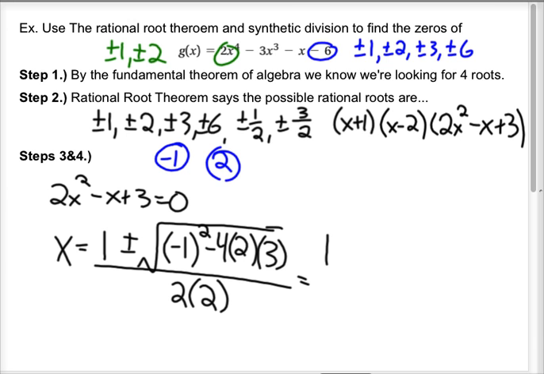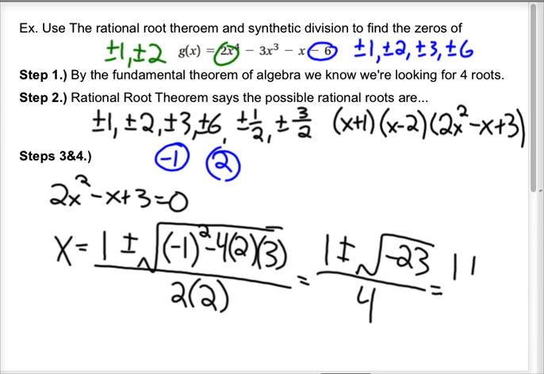So that leaves me with 1 plus or minus the square root of 1 minus 24. So that'll give me a negative 23 inside there, all over 4.